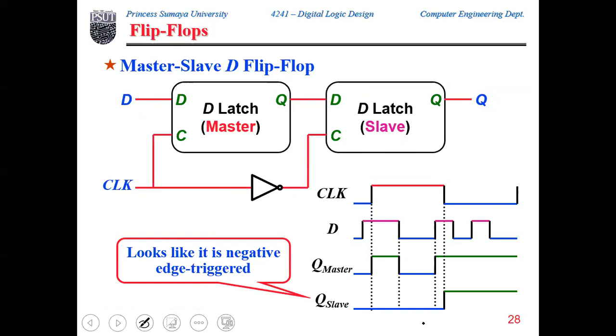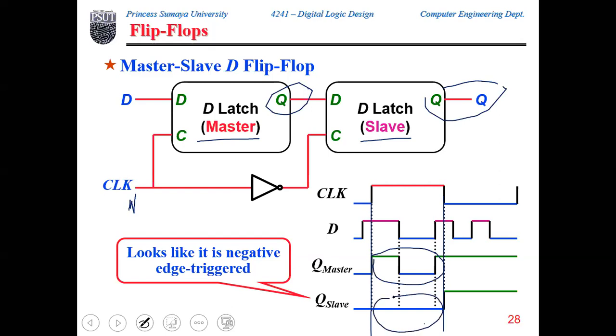So now when the clock becomes 1, this implies that the master latch is enabled and the slave latch is disabled. So only the Q master will change while the Q slave will stay unaffected. So during this period of time, only the master Q will change while the slave Q is not affected.